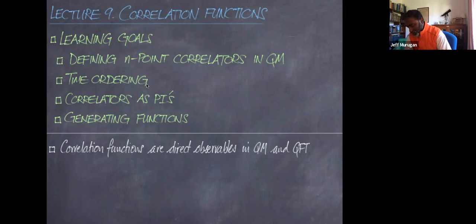These are the things that we want to know how to compute. So Nitin, for example, is an expert in computing what are called out-of-time order correlation functions in certain quantum mechanics problems, and this is going to be similar but not quite the same.